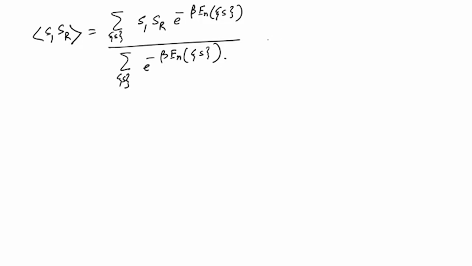This is simply 1 over Z, and this S, this curly bracket, just means that all the S's can take values plus and minus 1. So, e to the power minus beta En, and you have S. This is the quantity that we have to calculate, and we will use the transfer matrix that we have learned.